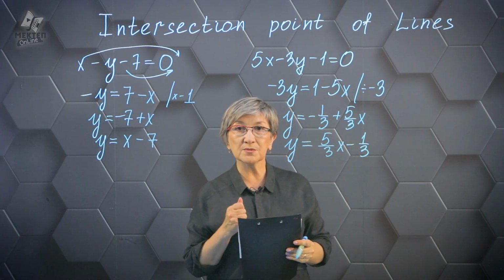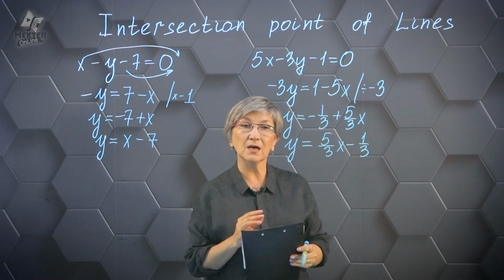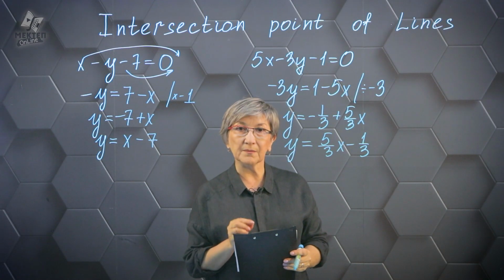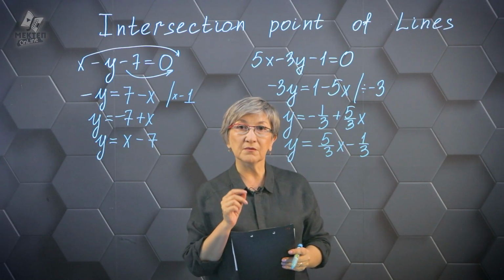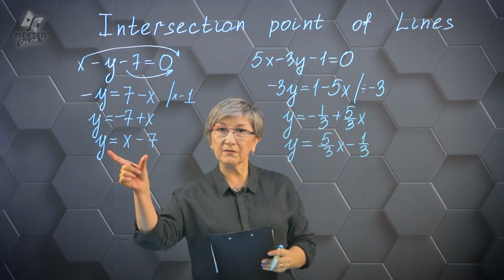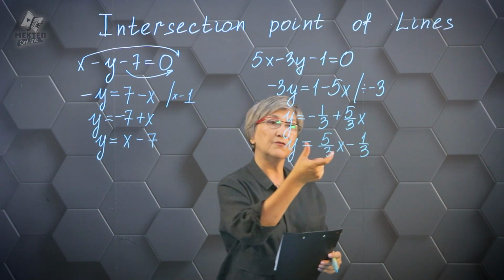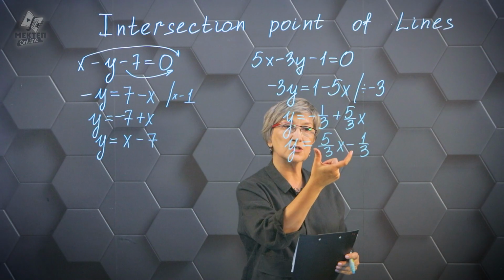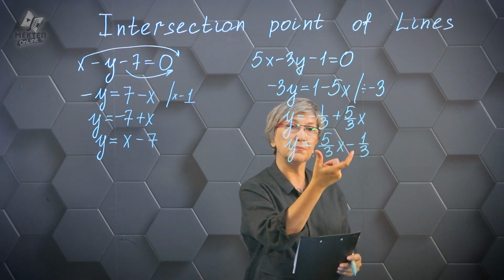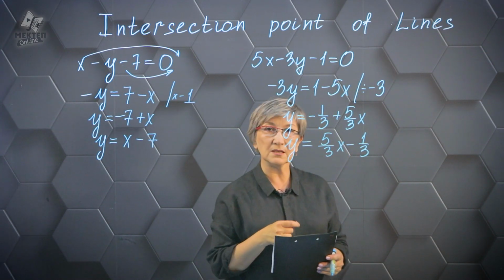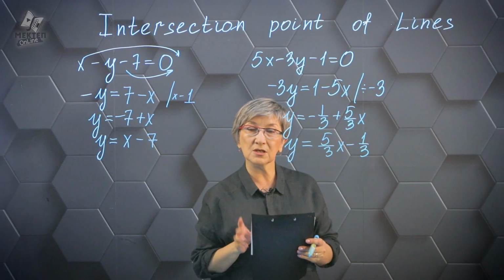Instead of plotting the graphs of these functions, let's apply our rule. And then we will summarize. Thus, the first graph is y equals x minus 7, and the second linear function graph is represented as y equals 5/3 x minus 1/3. What should we do as a result?